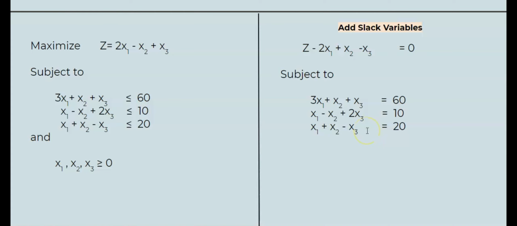I'm using s for my slack variables so that I know those are my slack variables and not the variables we originally started with. So here are my slack variables: slack variable s1, slack variable s2, slack variable s3, and that's going to start us off.